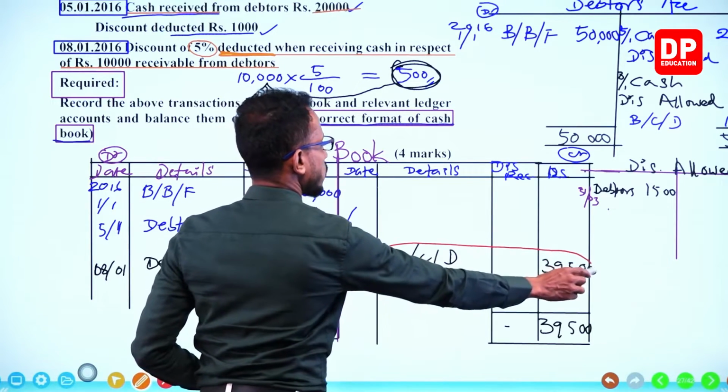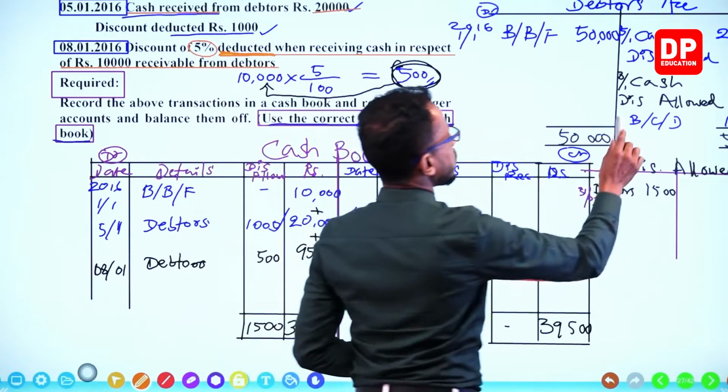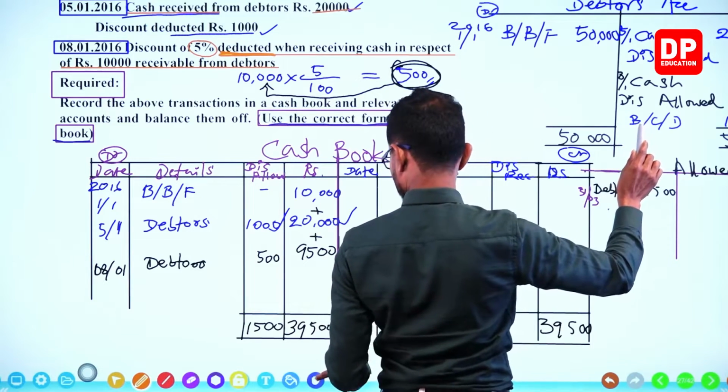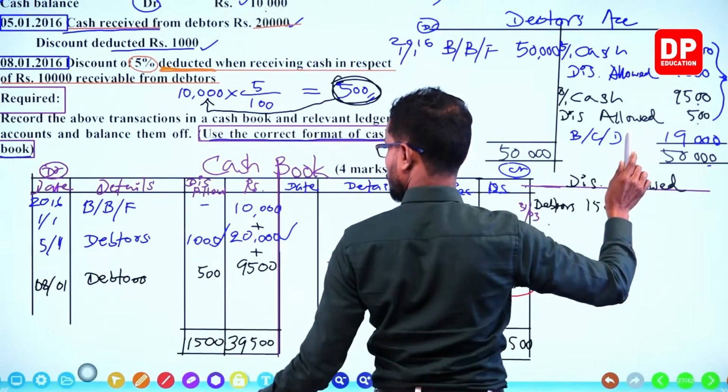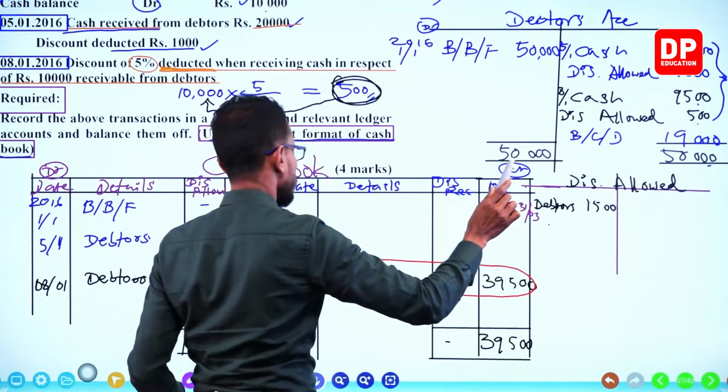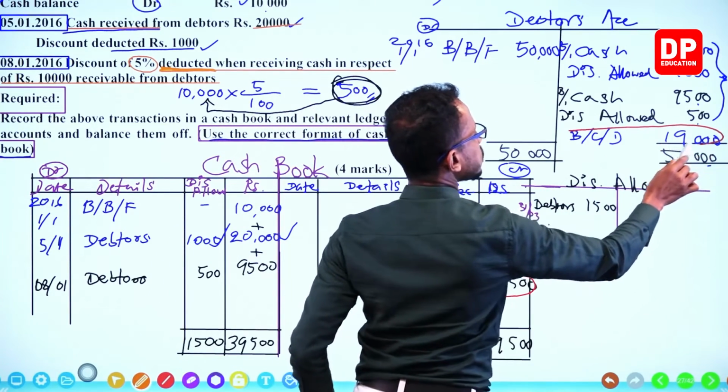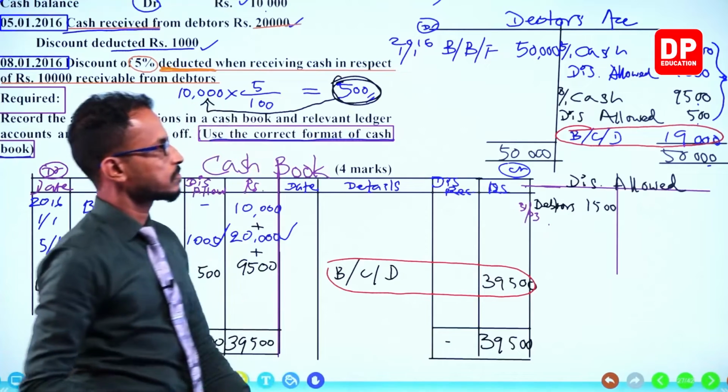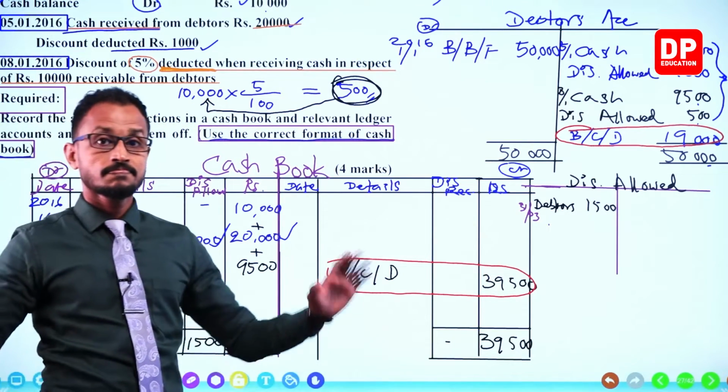This is the balance carried down of the cash book. This is the balance carried down of the debtors account. And now we are done.